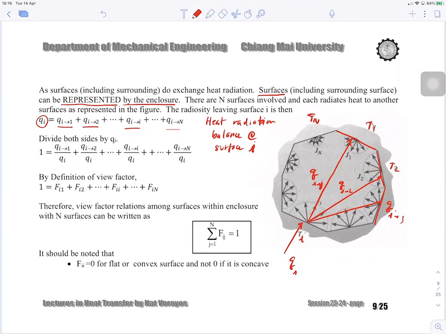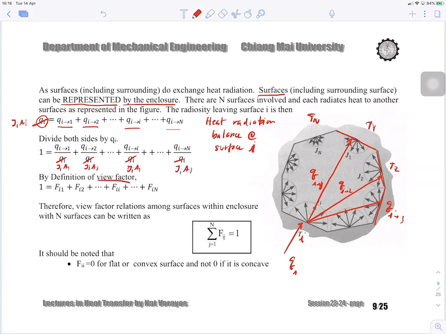Okay, if we divide it by Qi, which is JiAi, we divide by JiAi in both terms.